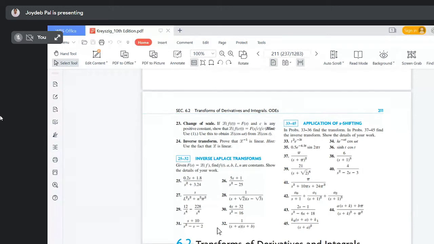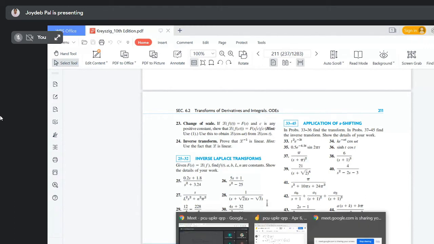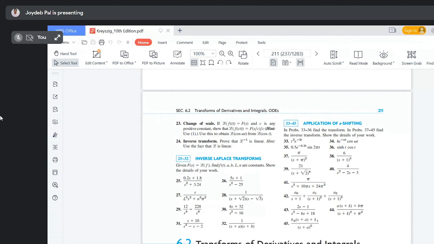I am showing 32 case. Okay, 32. Same. 28 and 32, same type. 32 is the general form. General case.